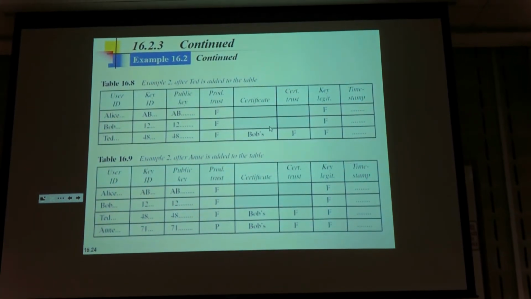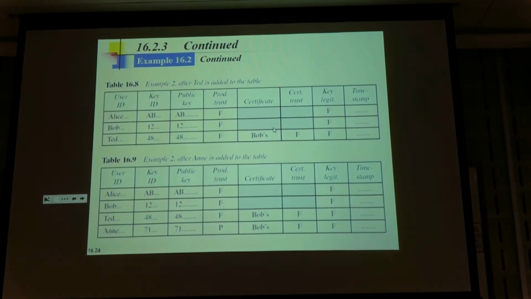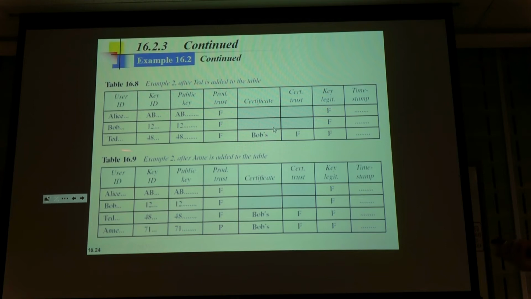Then after that, Ted is added. But look at Ted: added with full trust. How did she know about it? From Bob. And because she fully trusts Bob, the key is very legitimate, with full trust. The only way I understand what happened is to read the scenario the author put.